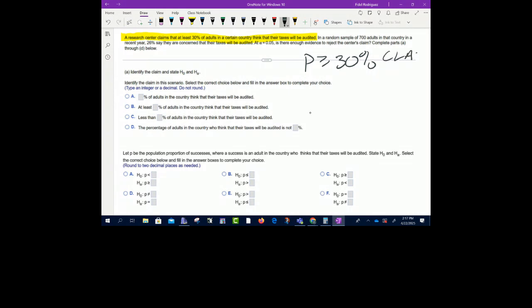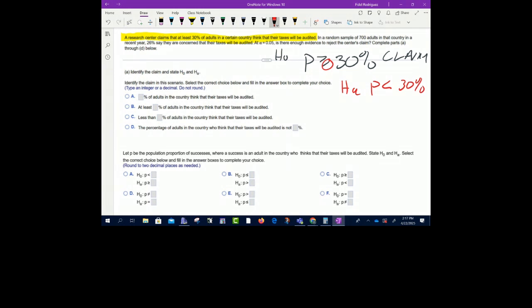This is my claim. Question, would that be the Ha or the Ho? That's the Ho, right? And you say, how do you know it's the Ho? Because as long as it has the equal to part, y'all, that's the Ho. So then we're going to say the Ha is p is less than 30%, okay?